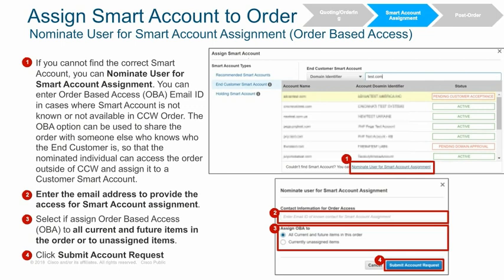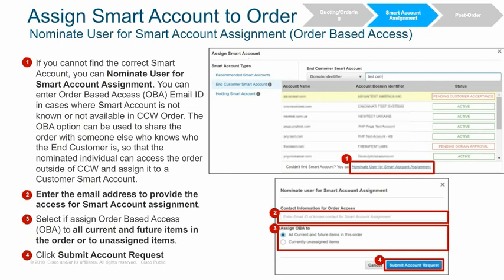The OBA option can be used to share the order with someone else who knows who the end customer should be, so that the nominated individual can access the order outside of CCW and assign it to a customer Smart Account. After selecting the Nominate option, enter the email address to provide access for Smart Account assignment.